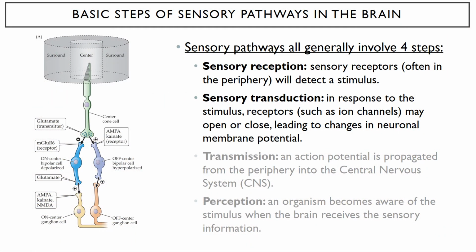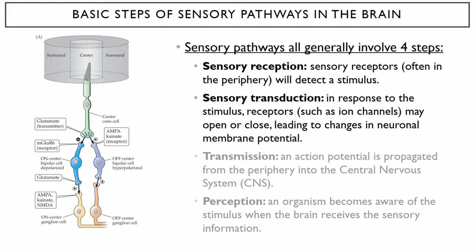Before we move on, I want to give an overview of how basically all sensory systems operate. Sensory pathways will generally involve 4 steps. The first step is sensory reception, which involves sensory receptors located in the periphery that detect a stimulus.